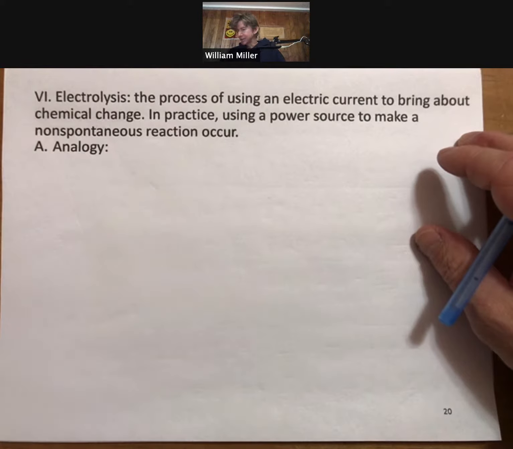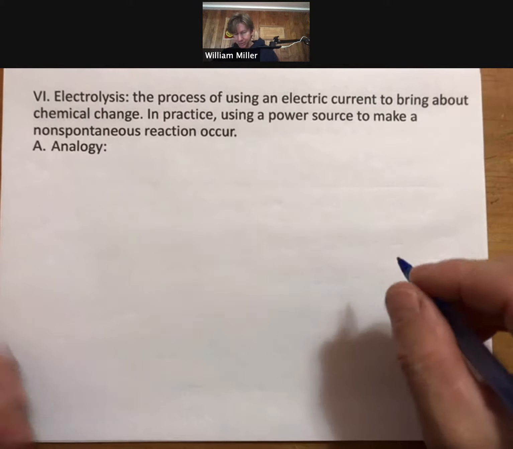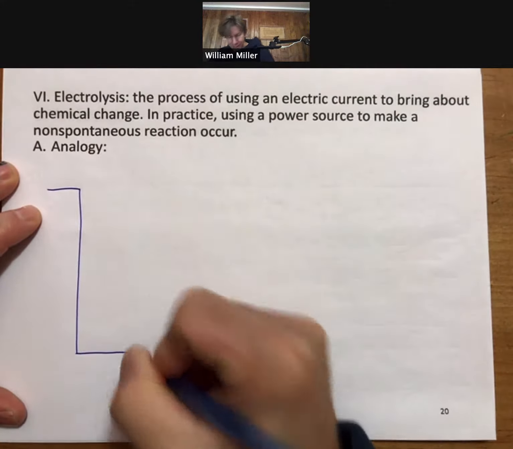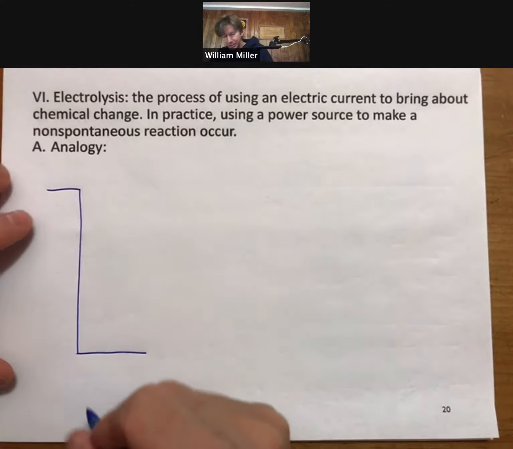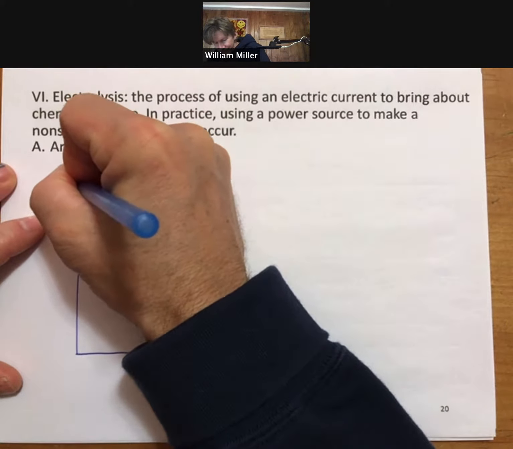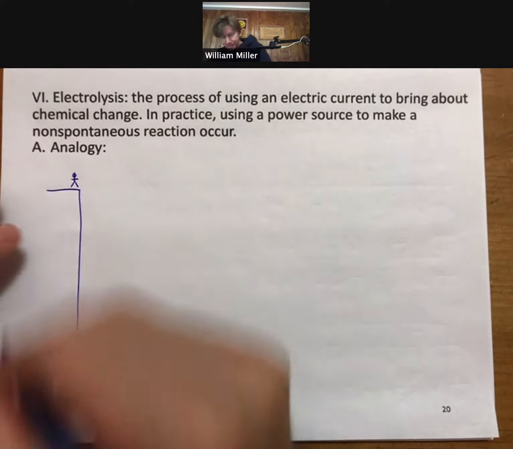And our analogy is going to be, let's remember our picture of a voltaic cell. For a voltaic cell, remember we had an electron up here, and now we'll call this electron man.